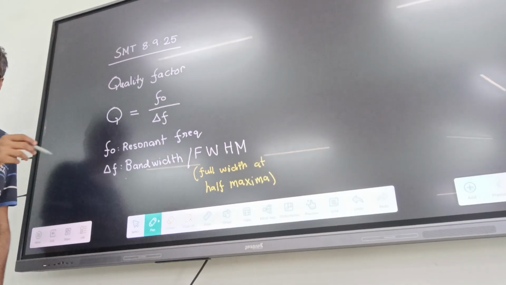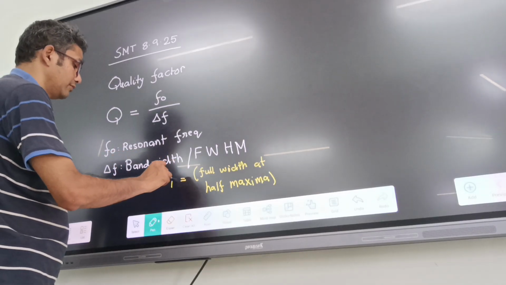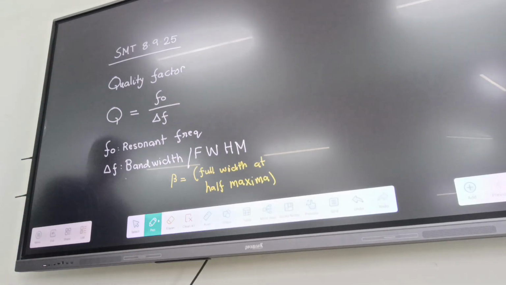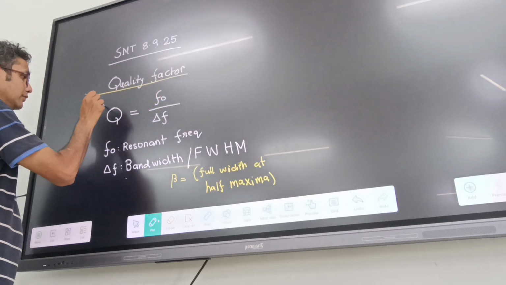Okay, I think you have already seen what the full width at half maximum is. It is also known as beta in some cases. So in the case of sensors, this quality factor is very important. Keyword.